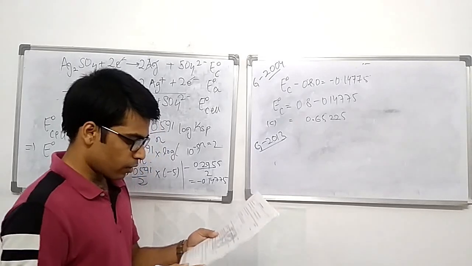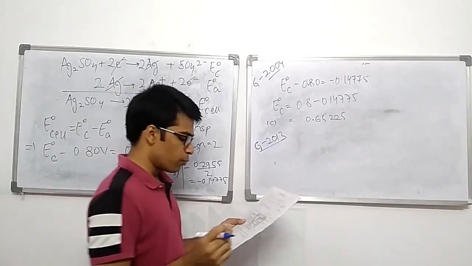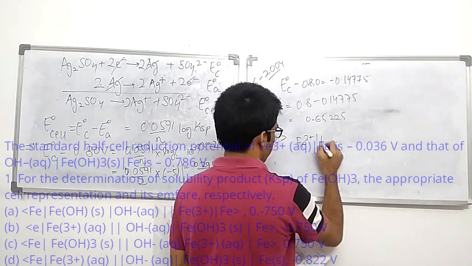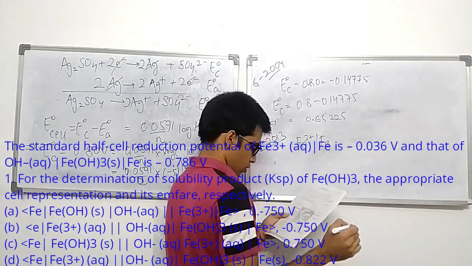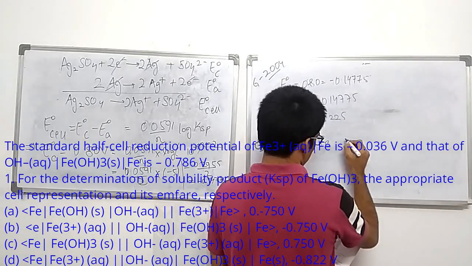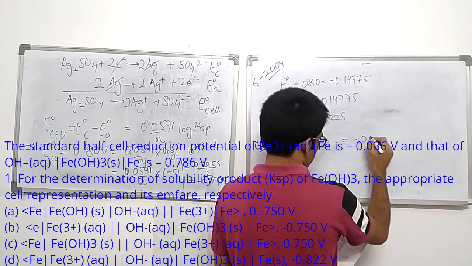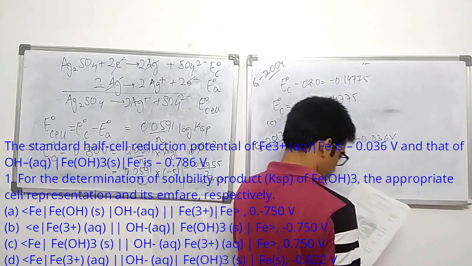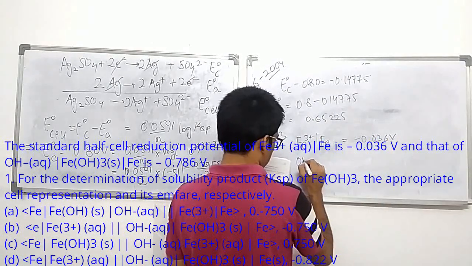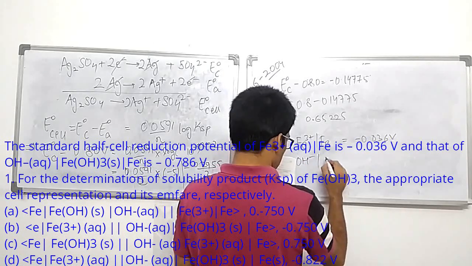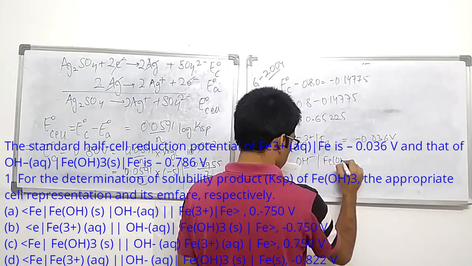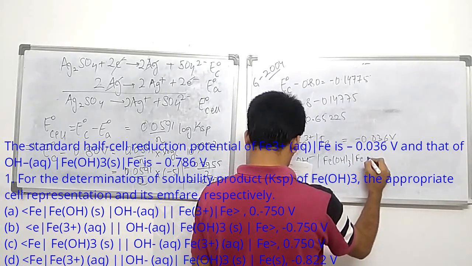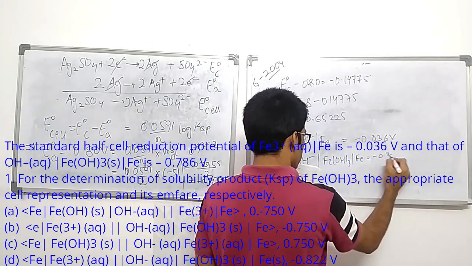This says the standard half cell reduction potential of, they have given a half cell, this, the potential is minus 0.036 volts, and another half cell FeOH whole thrice, and Fe is equal to minus 0.786.